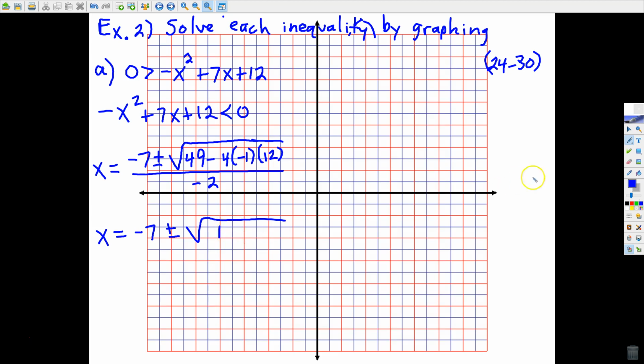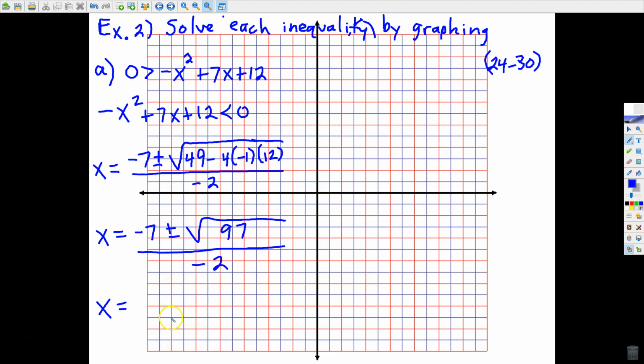What is that? 49 plus 48. 97. Way off. And once again, since we're going to approximate x-intercepts, we need to get a decimal. You can round it to 2 decimal places. Give me the approximate value of the square root of 97. Do all the math, just like we did on the previous example. And give me what those two numbers are.